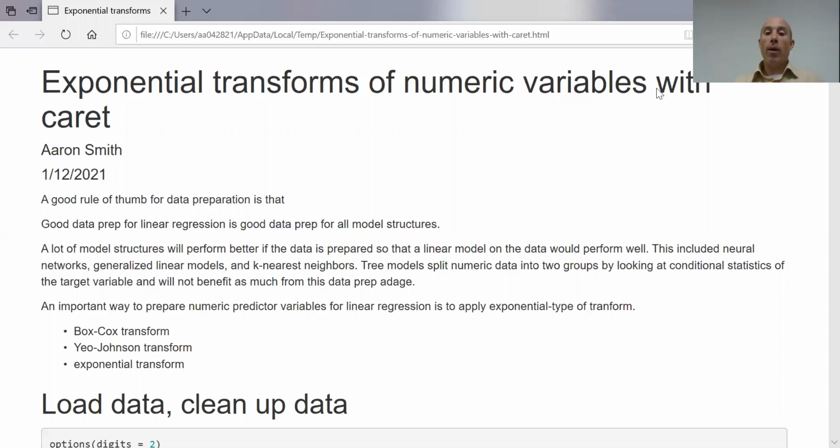All right, now why do I say linear regression? Well, good data prep for linear regression is good data prep for any model structure. So if I have a neural network, I think of it as a tangled bag of linear models, maybe like generalized linear models.